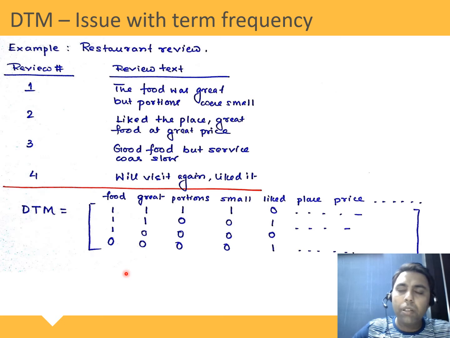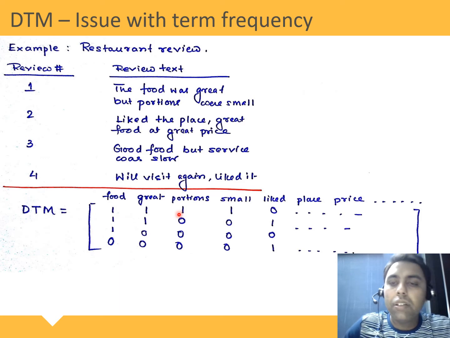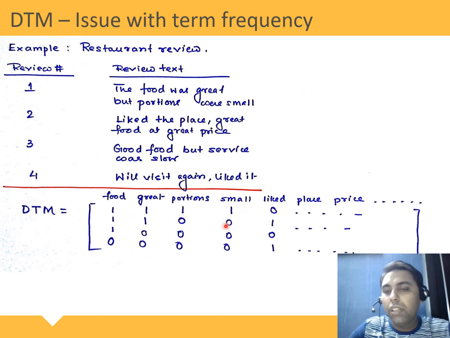Will that variable at all be predictive? No, because it doesn't discriminate between the ones and the zeros. Similarly, in a document term matrix, if you have terms with uniformly high values across all rows, they may not be very useful for the subsequent analysis that you want to do.